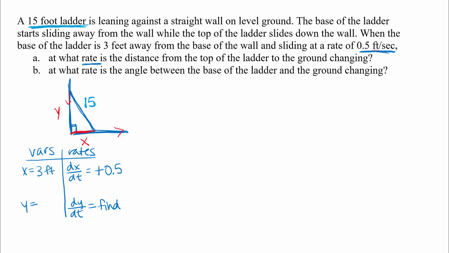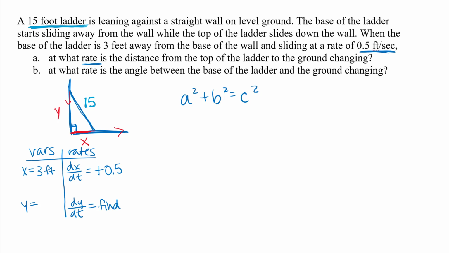Okay, so there is the information that was given in the problem. I now need to think of an equation that relates those variables. So we've got a right triangle here, so part of the key to doing this problem is recognizing you have a right triangle. You're asked about some things about the sides of the right triangle. You're given a hypotenuse of the right triangle, and so you should probably pretty quickly get to thinking about the Pythagorean theorem, a squared plus b squared equals c squared.